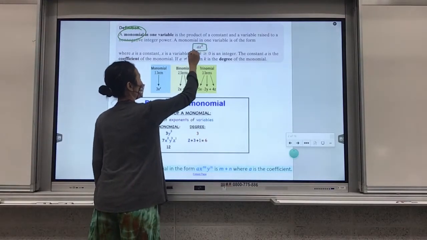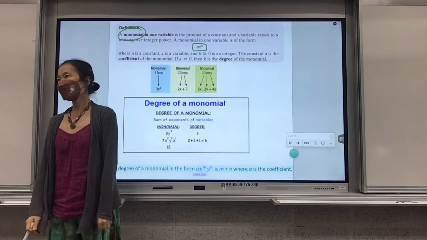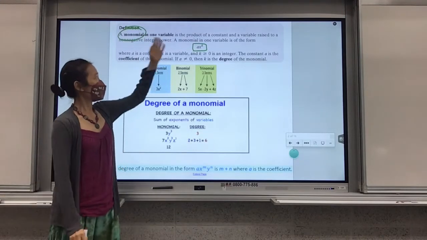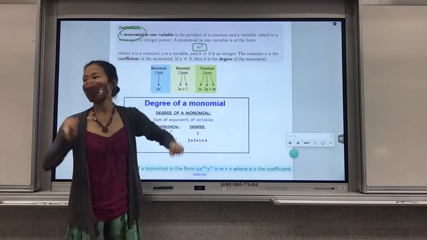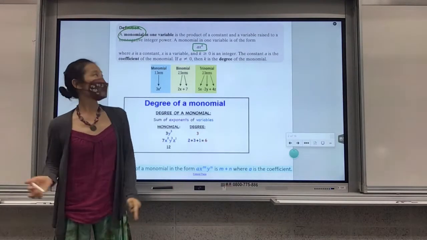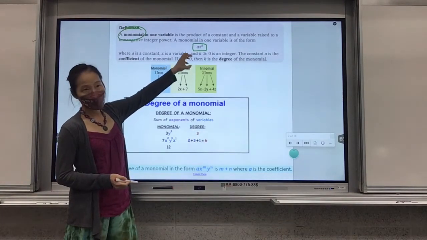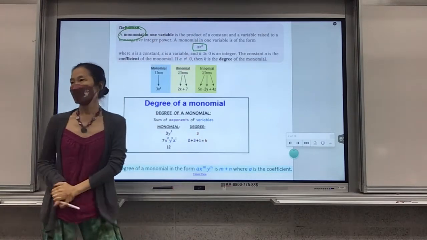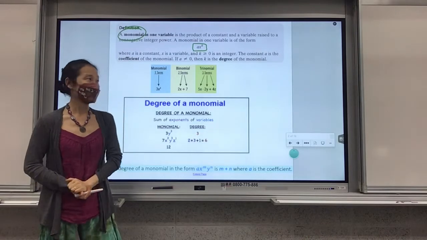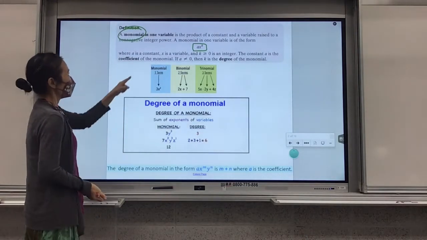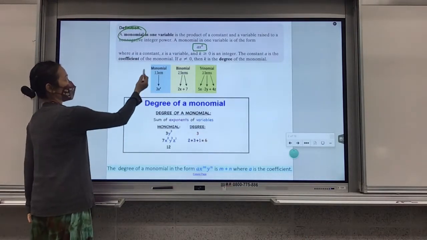This is one term, right? Monomial can be the product of a constant. Constant could be a number. Any real number is okay. Multiplied by variable to the power of the whole number, like 0, 1, 2, 3, 4, 5. Yes? If you have one term, it's called monomial.